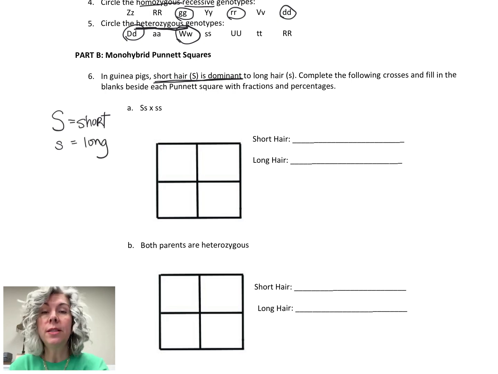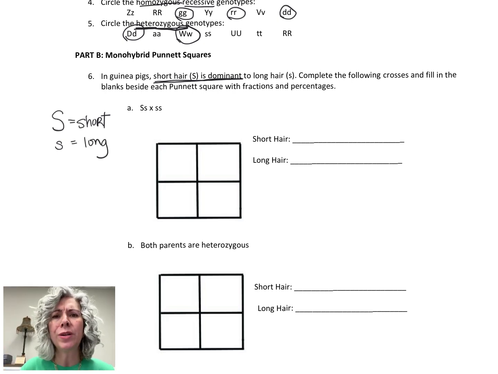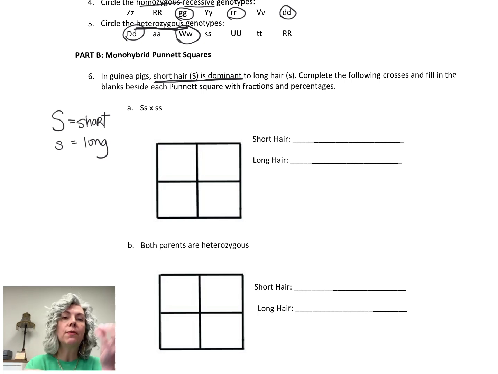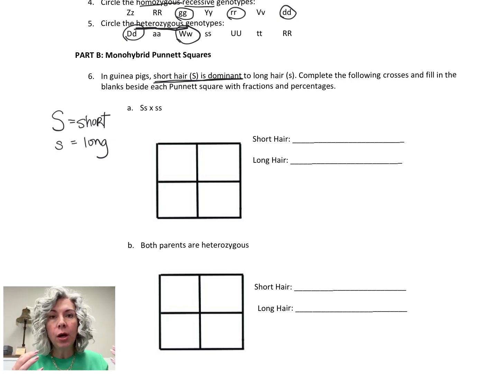Now here's a question that sometimes pops up. Why don't we use an S for short and an L for long? Well, because different letters represent different traits. We're not talking about different traits here. We're talking about the same trait, hair. That's the trait we're talking about. And the letters of this one trait represent the characteristics. So short versus long. It's all hair in the guinea pigs, okay?